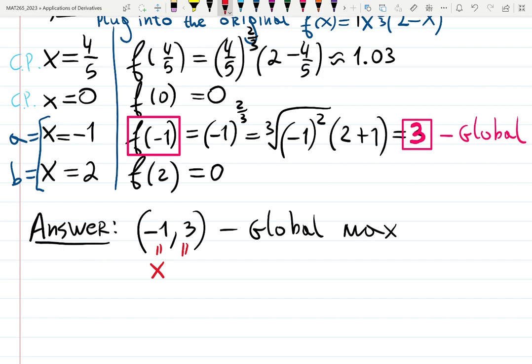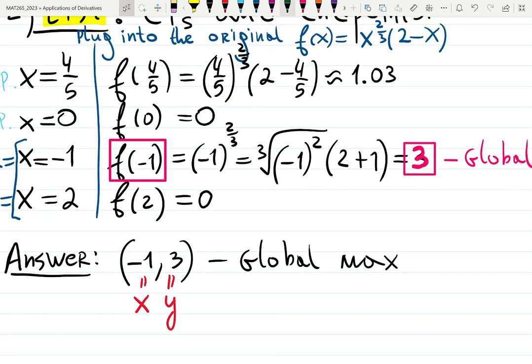And how high is it? It is 3 units high. So say 3,000 feet or whatever. So that's what it means. Where? -1, that is say 1 unit to the west, if you think about it. And how high is it? 3 units high. And then let's find the global minimum.